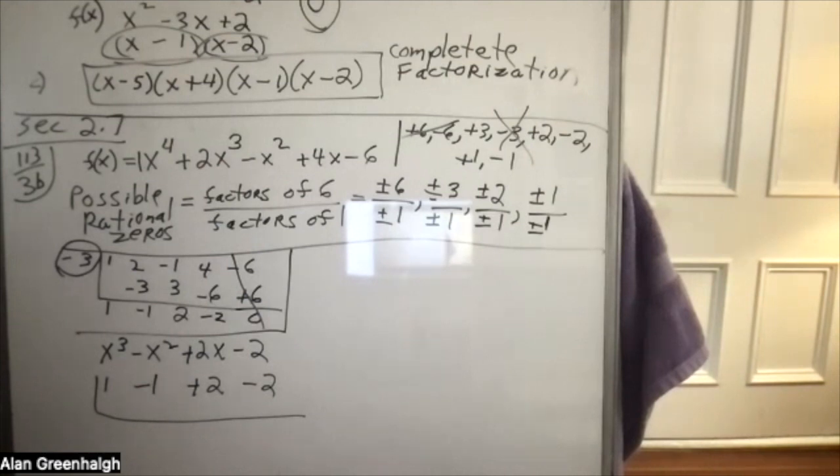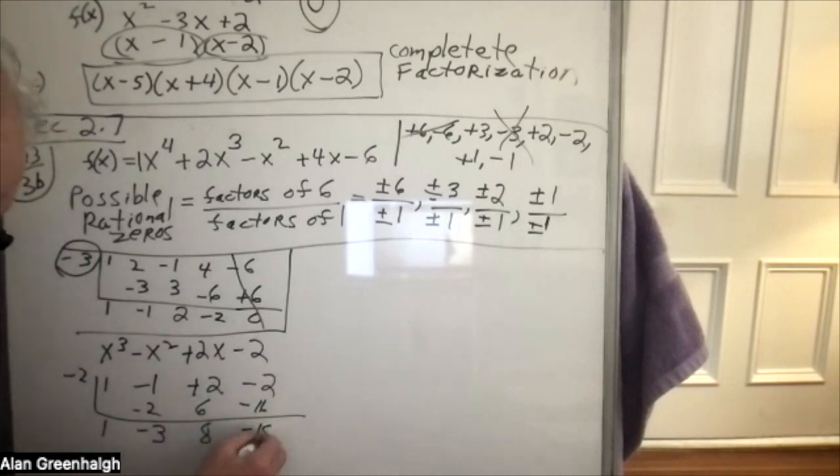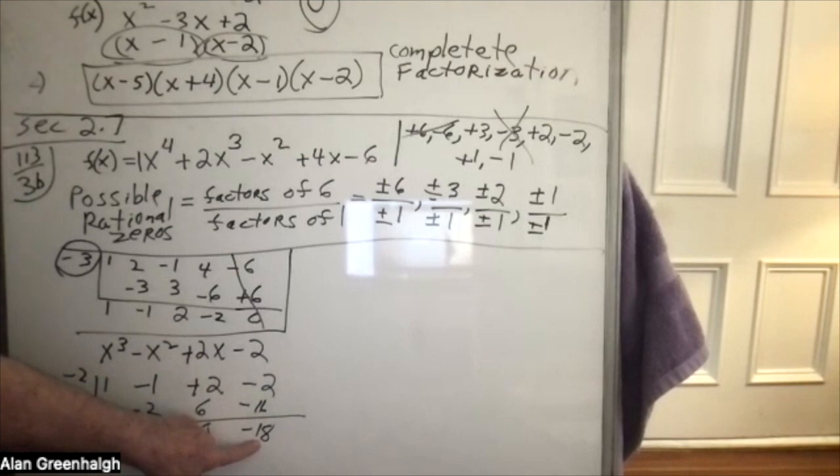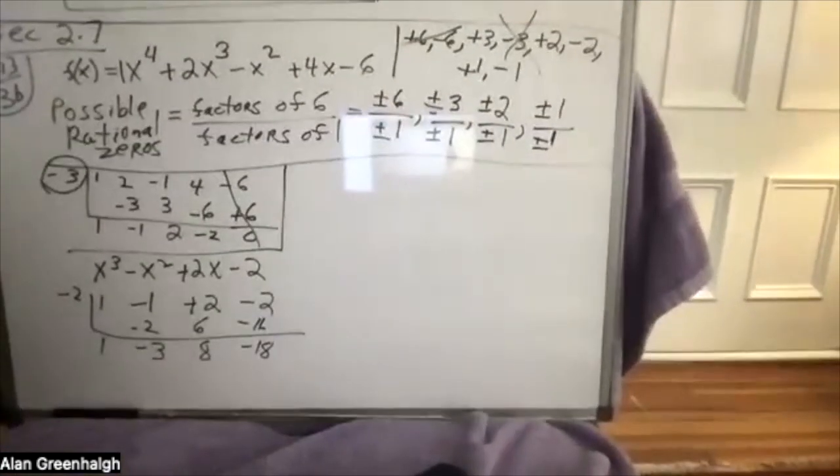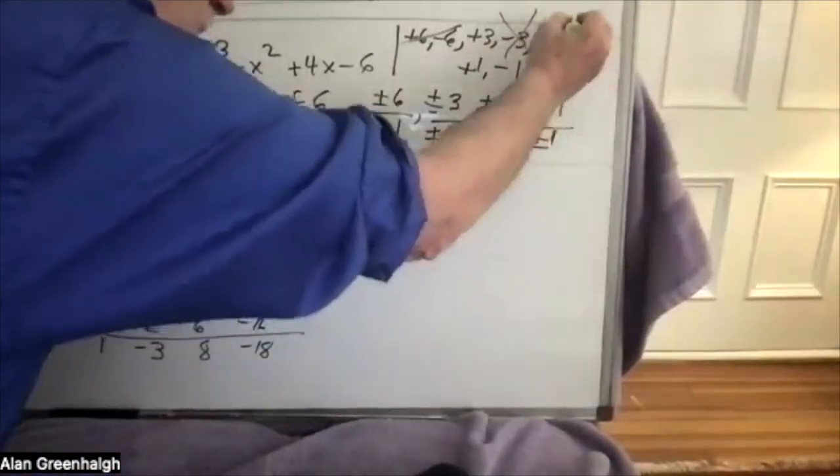Let's try -2. 1, -2, -3, 6, 8, no good. I wanted to do one that didn't work. That's not good, because we want this to be 0. This has to be 0.